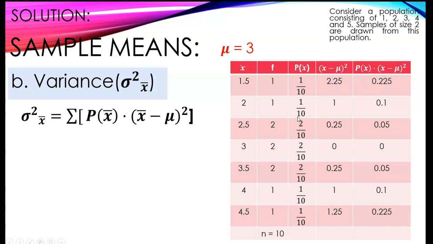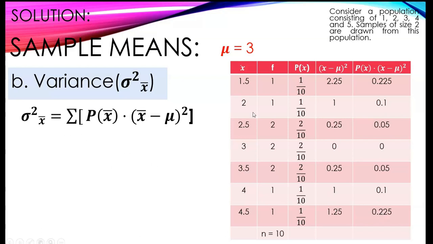Next, 1/10 times 1, that is equal to 0.1. 2/10 times 0.25, that's 0.05. 2/10 times 0 is equal to 0. 2/10 times 0.25 is equal to 0.05. 1/10 times 1 is 0.1. 1/10 times 2.25 is 0.225.